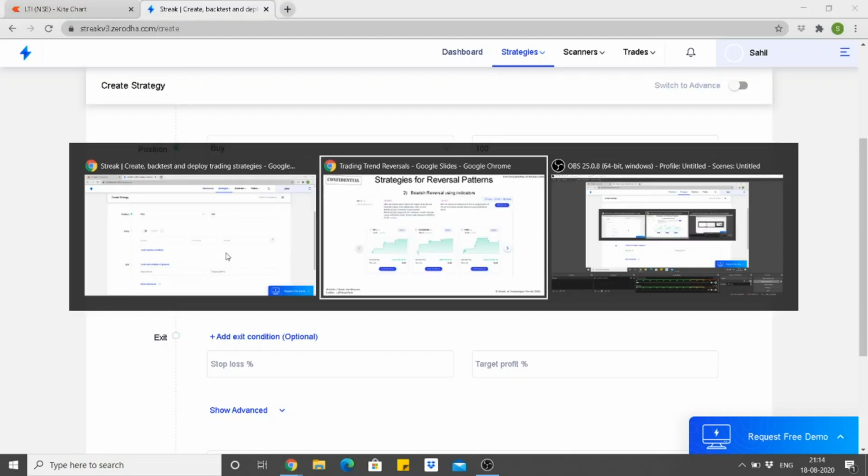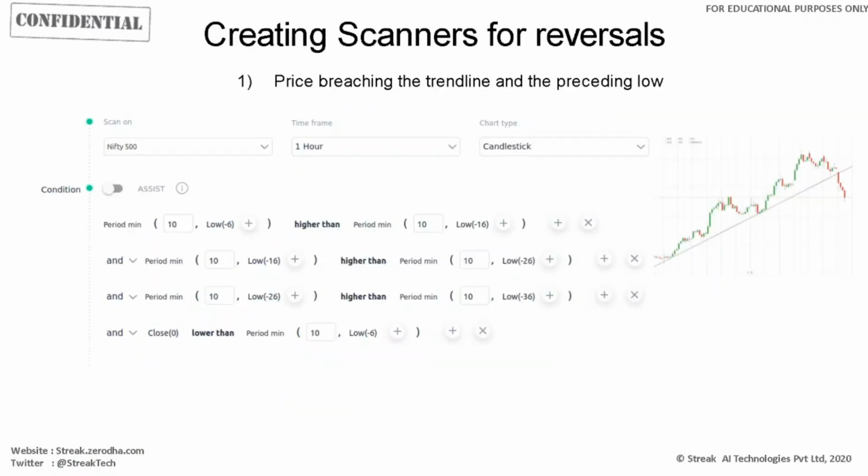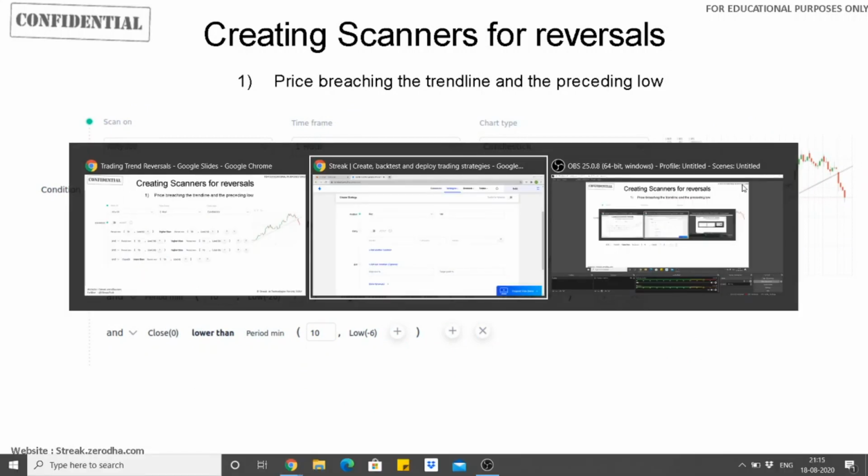So pretty much in the opposite way as compared to our earlier strategy, which was a bullish reversal, we are now looking for a bearish reversal, which you can see over here. We are going to use technical indicators to identify such a condition and take trades based on it.